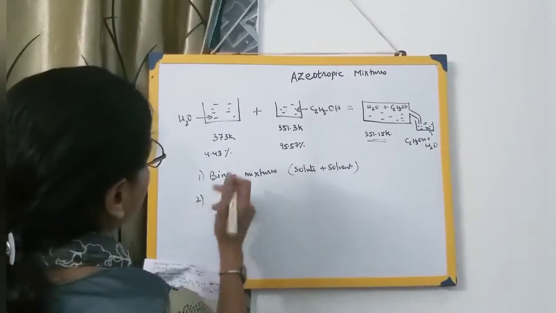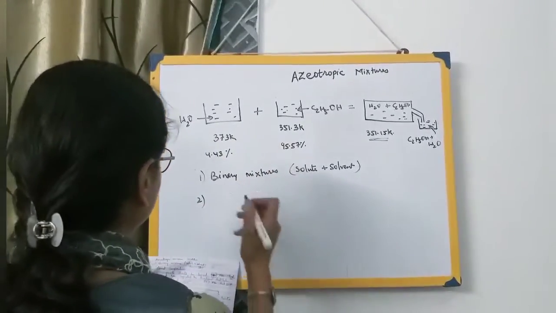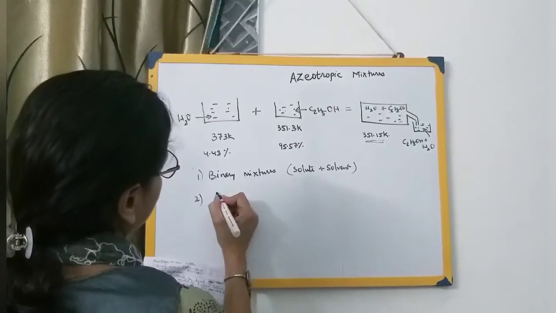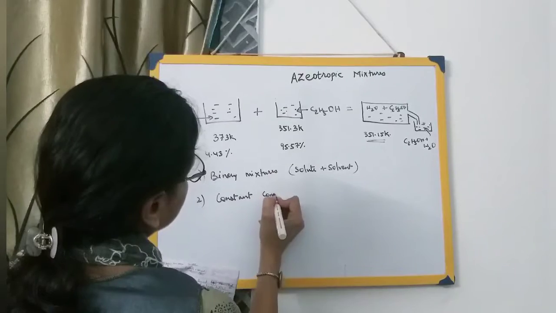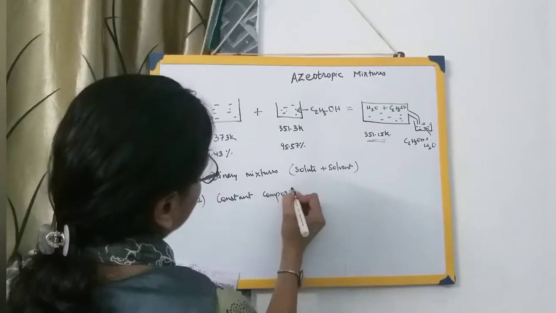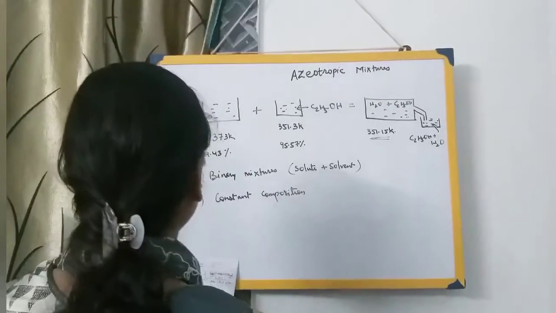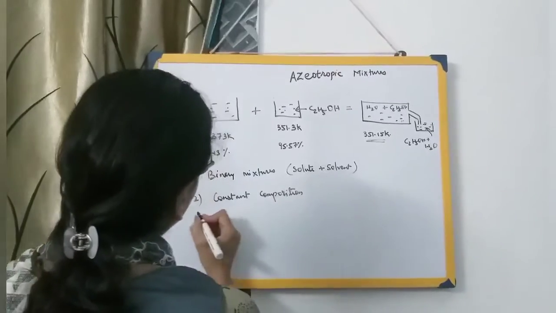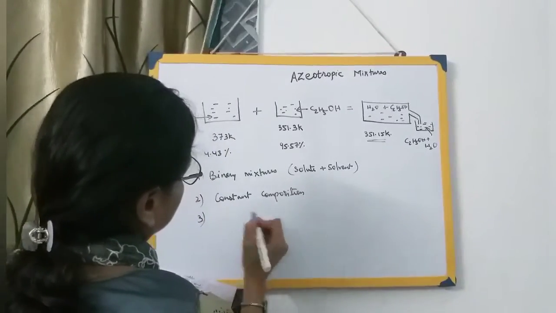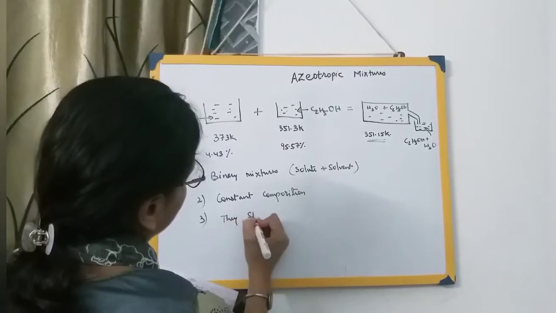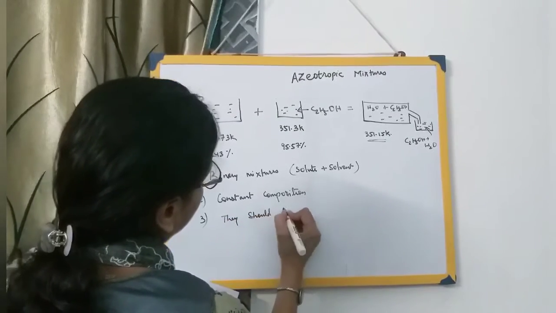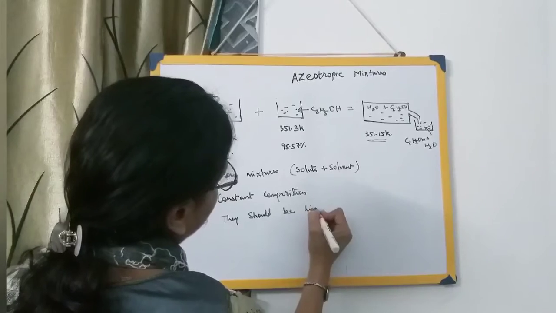Then, as I mentioned, the composition should be constant for the mixture to be called an azeotropic mixture. Then the components should be miscible. First of all, they should be liquids.